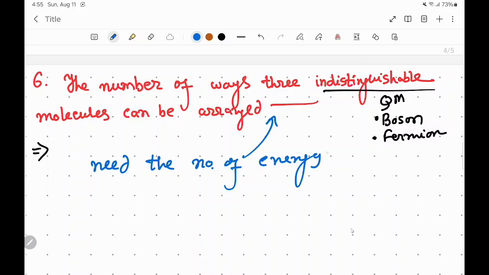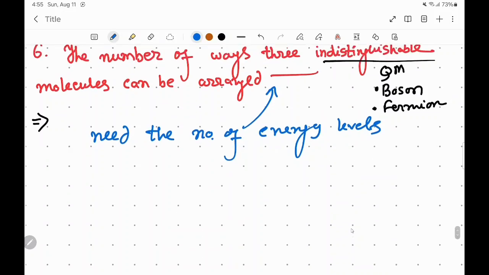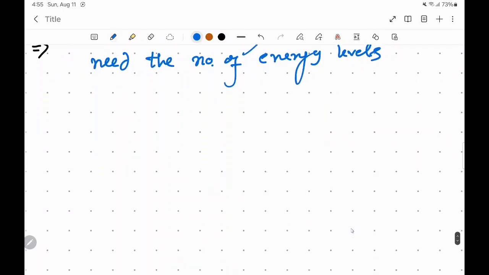I realize this should be one, but that is for fermions. For bosons, how can you say? So it's better to consider the number of energy levels. Otherwise you can just guess; you can't give the proper answer. Probably something is missing. This question is not complete.